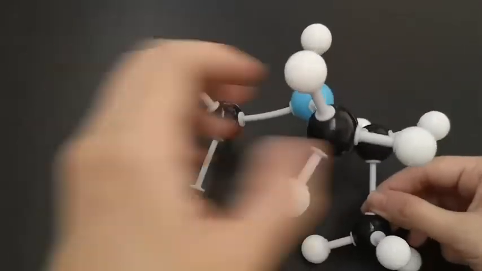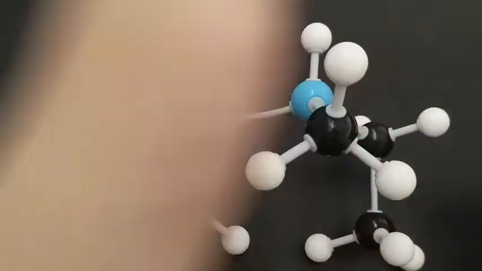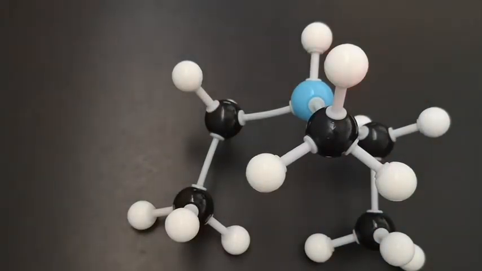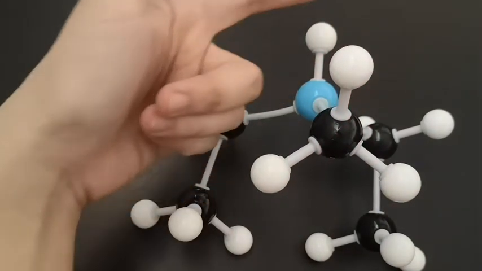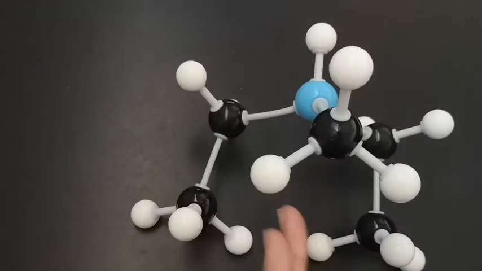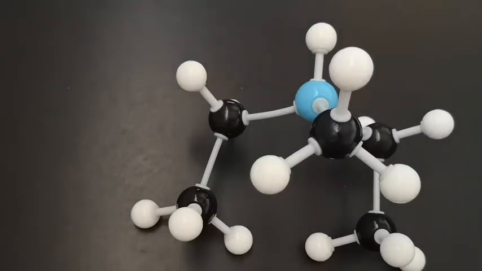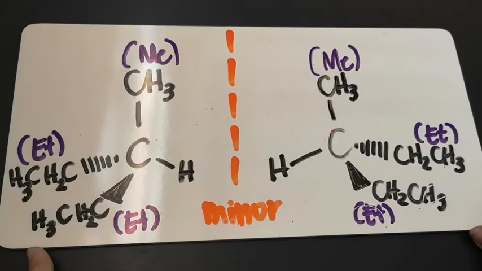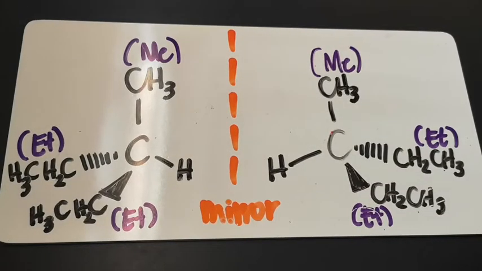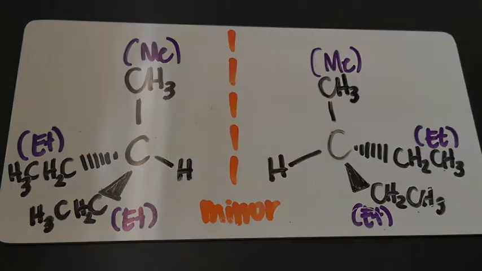So if you try to draw a plane, you cut it from here to the back carbon, you cut it right there. You will have a plane of symmetry. And so you can easily rotate the 2 molecules shown here so that they can be superimposable with each other.